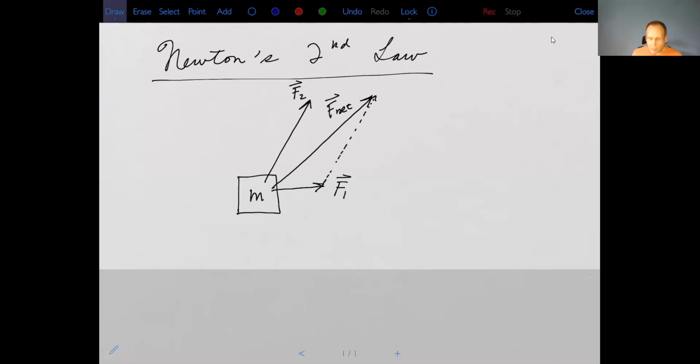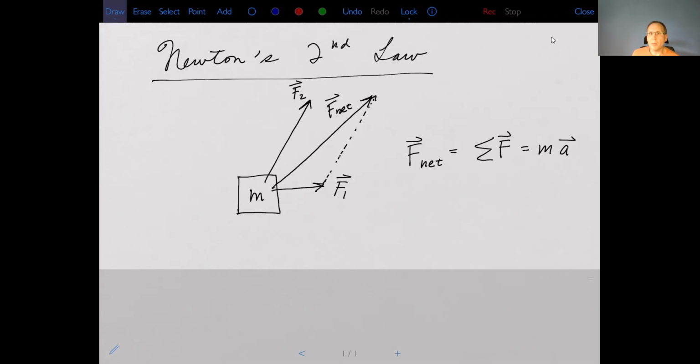Now, what Newton's second law says is that the net force, which again is also equal to the sum of all my forces, I added up all those vectors, is equal to the mass times the acceleration of the object. And notice that the net force is a vector and the acceleration is a vector.